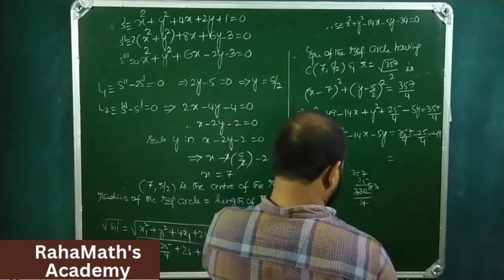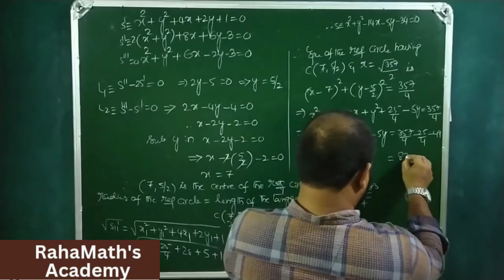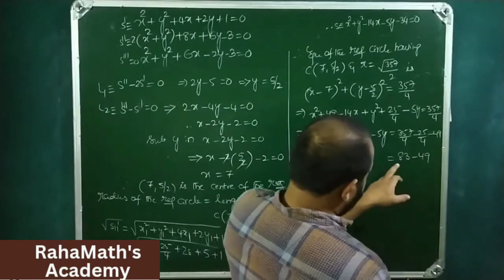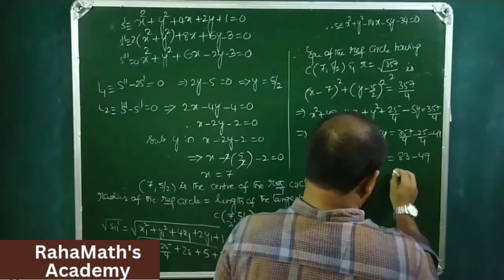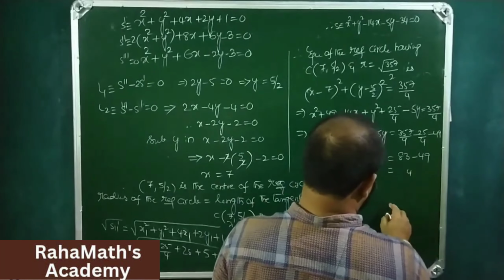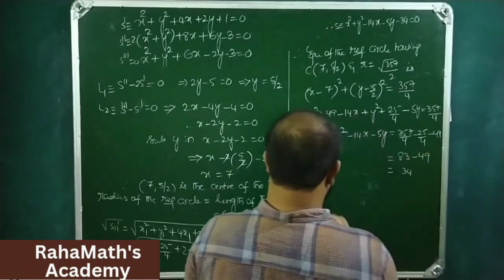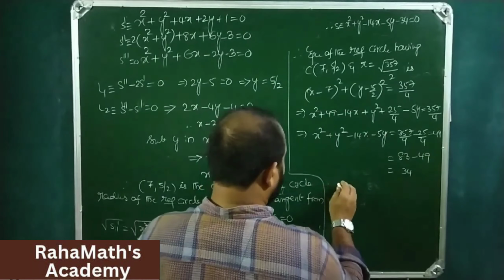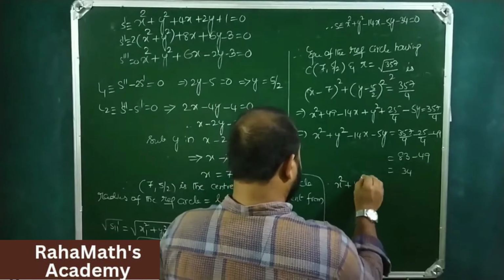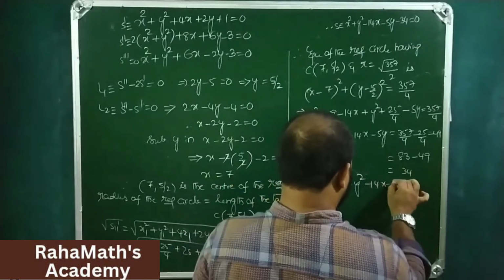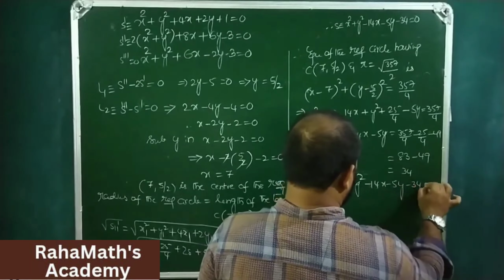So this is 83 minus 49, which is 34. Therefore, x square plus y square minus 14x minus 5y minus 34 equals to 0.